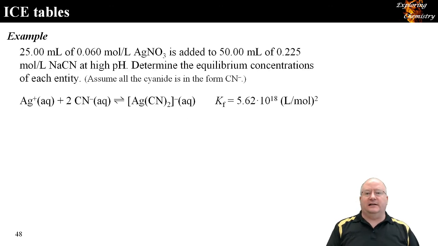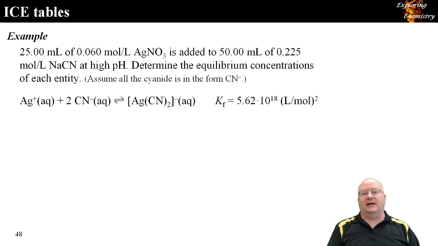And this second to last example that we did was significantly more complicated in that we had to do a dilution of the different solutions to figure out what our initial concentrations were. And then we were not on the side favored by the equilibrium constant, so we had to shift over to products. Then we could assume that X was negligible, and we were able to solve the problem that way.